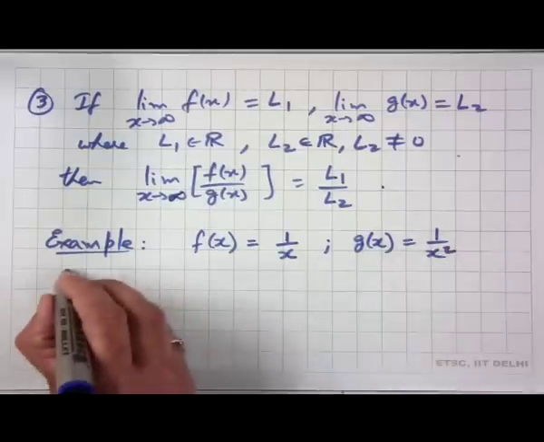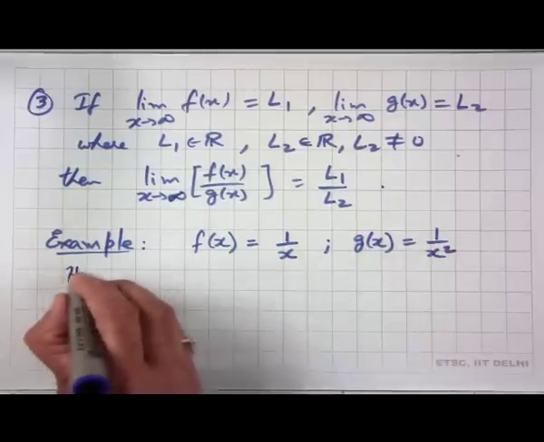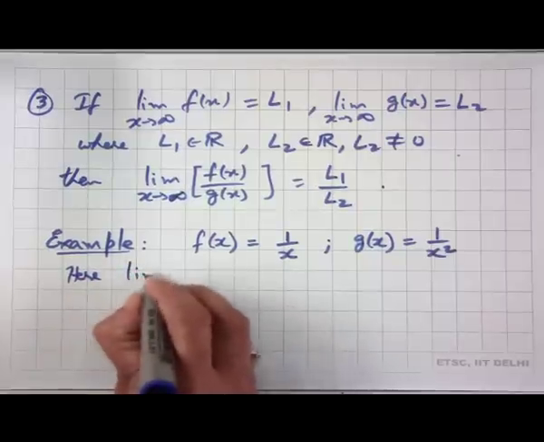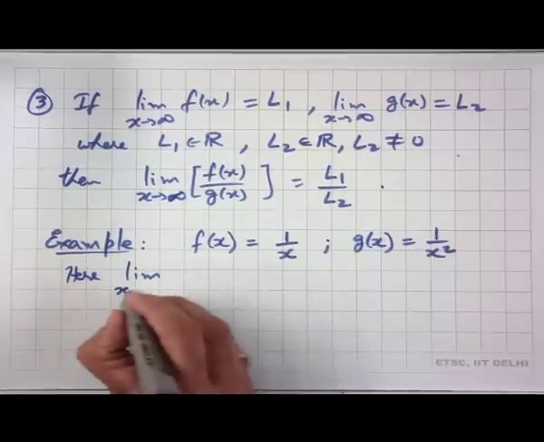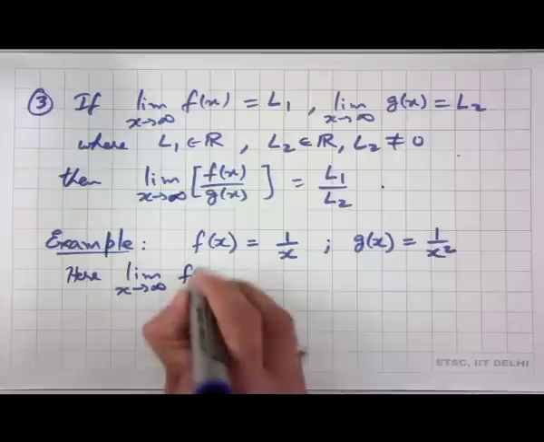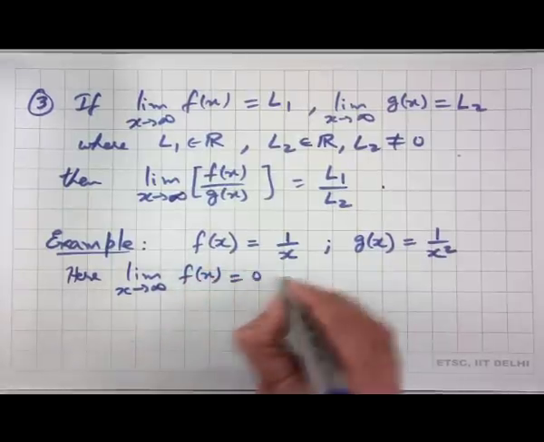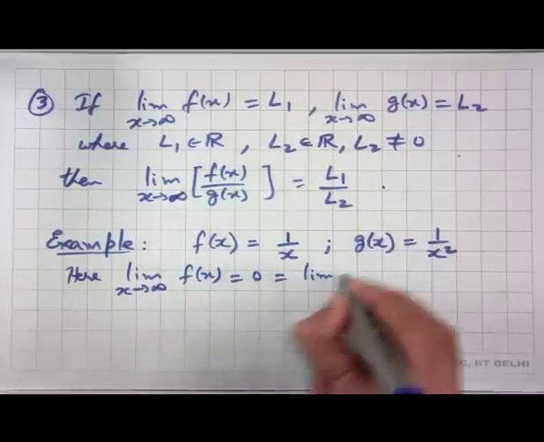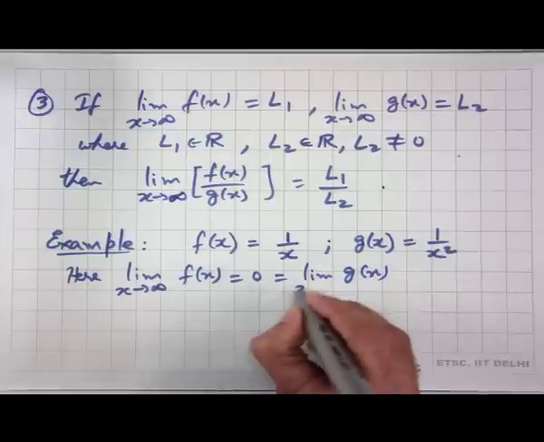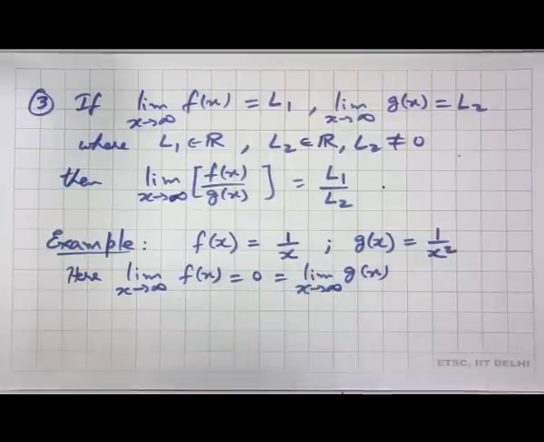Here the limit as x goes to infinity of f x is 0, and the limit of g of x at infinity is also 0.